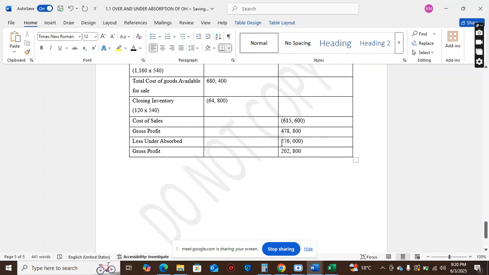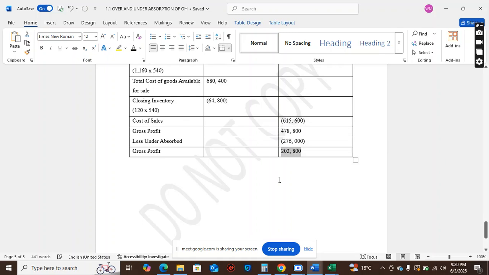478,800 minus 276,000. So 8 minus 0, 0, 0 minus 0, 0, 8 minus 6, 2. 7 minus 7, 0. 4 minus 2, 2.